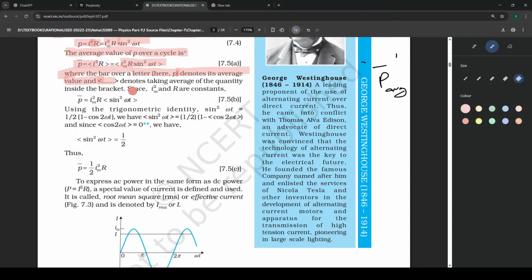This bracket here, the greater than and less than kind of symbols, denotes taking the average of the quantity inside the bracket, since Im square and R are constants, but sine square is not.